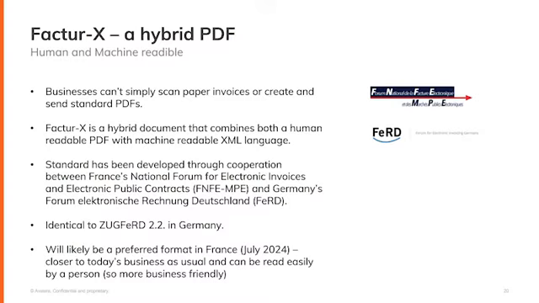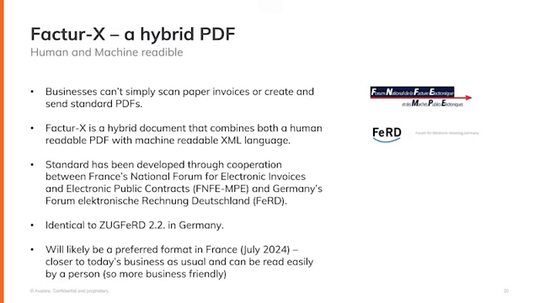So I wanted to quickly talk about something called FactorX. So this is one of the acceptable formats in France from 2024. It is a hybrid PDF that is actually a normal human readable PDF, but with embedded XML. This is also identical to the German standard, and this is a collaboration between the Germans and the French.